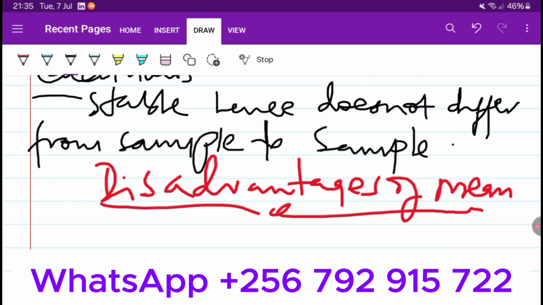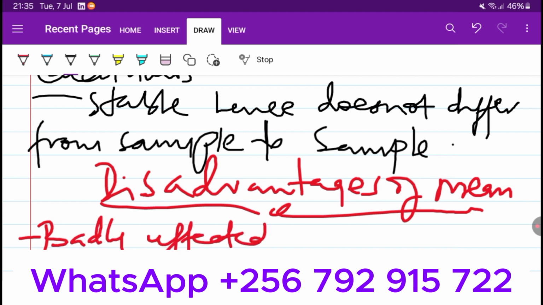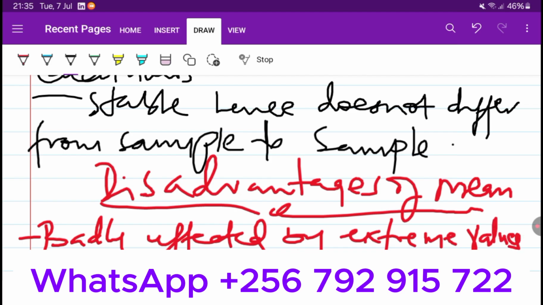One of the disadvantages, I told you, it is affected by outliers, badly affected by extreme values, or what you call the outliers. Then the second one is that it rarely corresponds to an actual value in the data set.